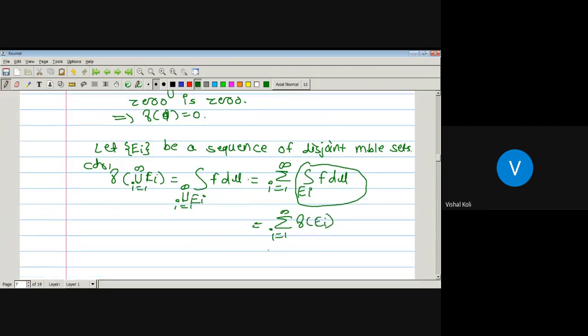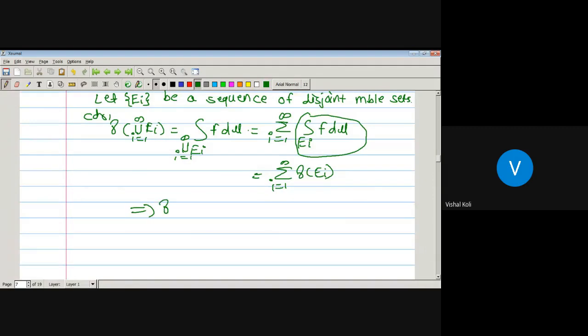So here we have proved that gamma of the union over i from 1 to infinity of E_i is the summation over i from 1 to infinity of gamma of E_i, which is the property of countable additivity. This implies gamma is countably additive.